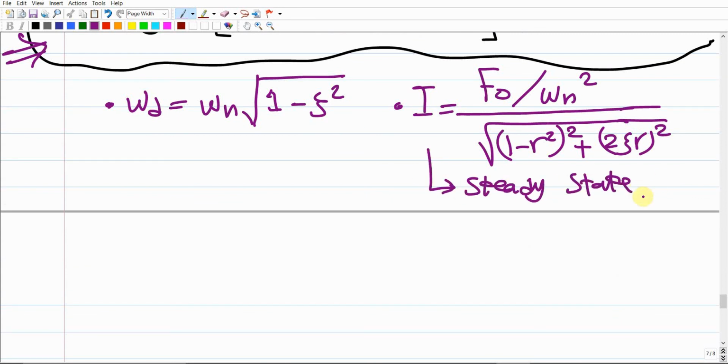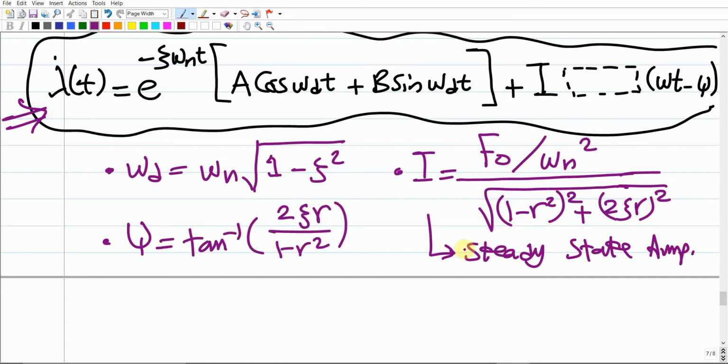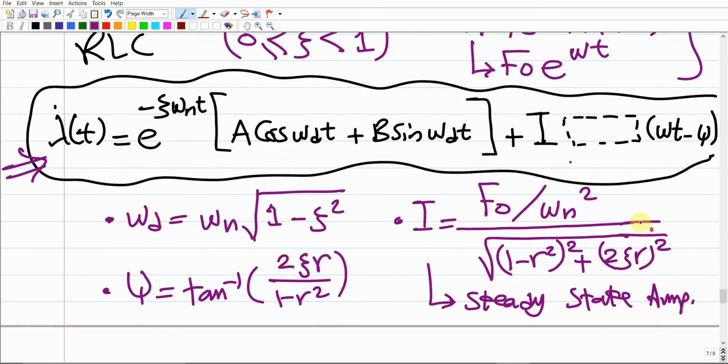All right. In addition to this amplitude, we would have psi, which is the phase angle, which is tan inverse of 2 xi r divided by 1 minus r squared. What is r again? r is omega divided by omega n. This is the frequency ratio. What is omega again?